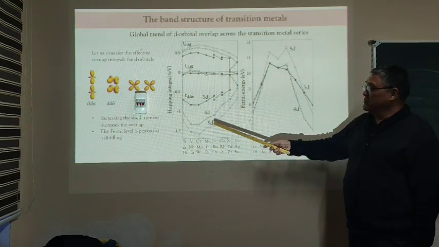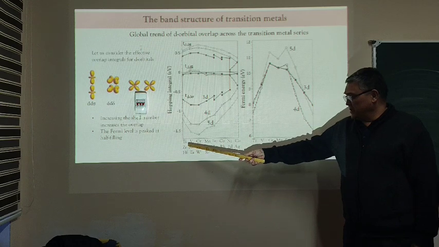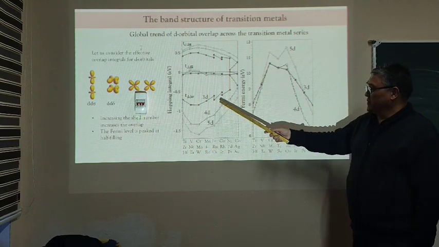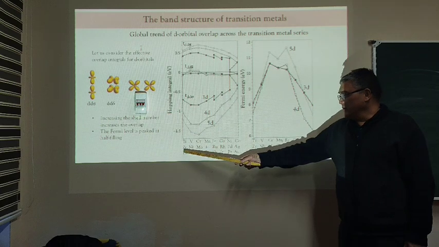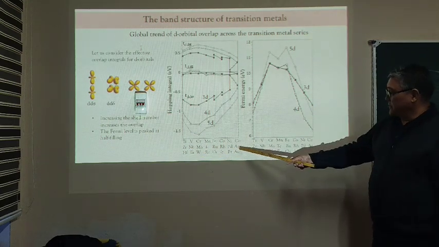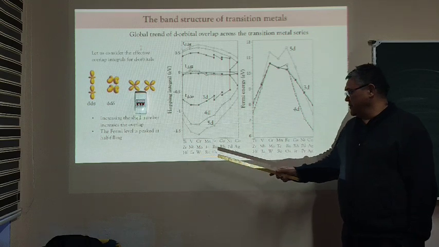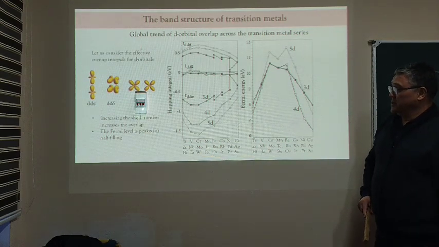The 3d elements start from titanium and go all the way to copper, the 4d elements go from zirconium to silver, and the 5d elements from hafnium to gold.